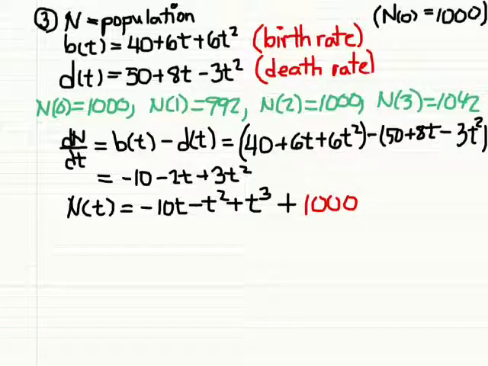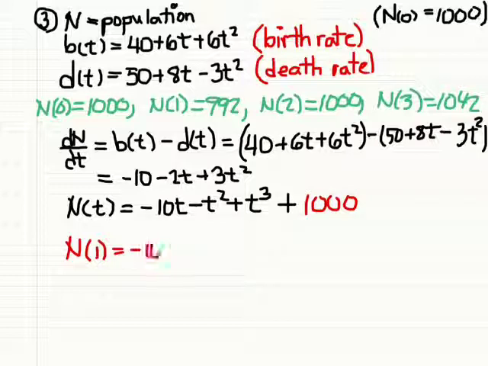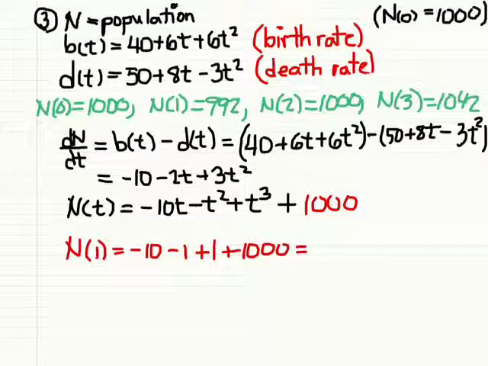So now if I check my work, if I evaluate n of 0, I get 1,000. If I get n of 1, what do I get? I get negative 10 minus 1 plus 1 plus 1,000. So that is actually 990. That's not quite right. So let's see if we can find out what went wrong.